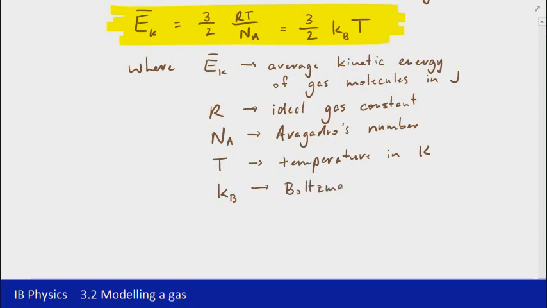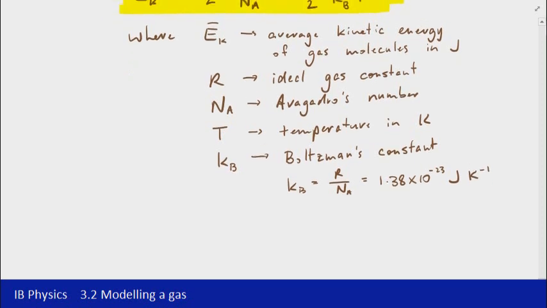It's basically just a combination of the values for R and Na. So Boltzmann's constant kB is just equal to R over Na, and that has a value of 1.38 times 10 to the negative 23 joules per Kelvin.